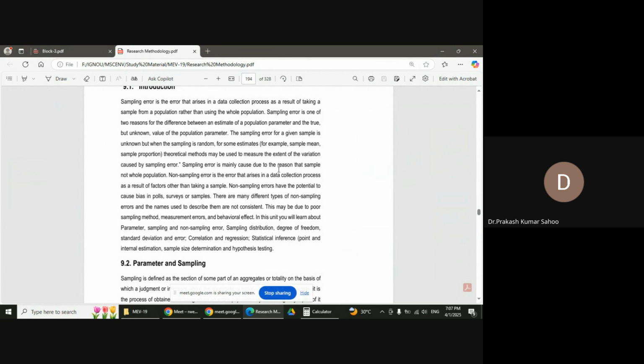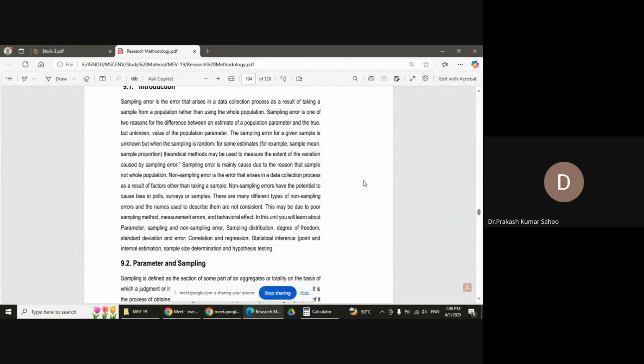In some cases, whenever we collect the sample, some sampling errors remain in our sampling process. Sampling error is one of two reasons for the difference between an estimate of a population parameter and the true but unknown value of the population parameter.